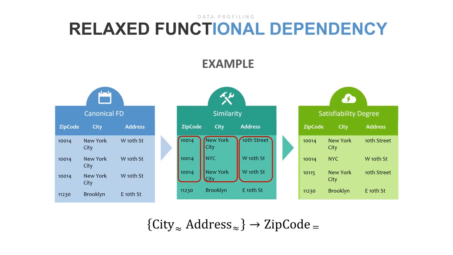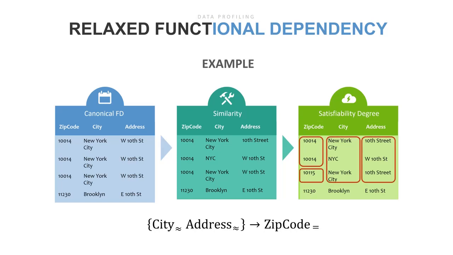Thus, we need to admit a tuple comparison based on similarity rather than equality. Finally, sometimes we need to admit exceptions in the satisfiability of the dependency. In fact, for cities with very long streets, it could happen that the street has associated different zip codes. Thus, by using a coverage measure, we can handle the fact that the dependency is still valid even if there exists a portion of tuples violating it.